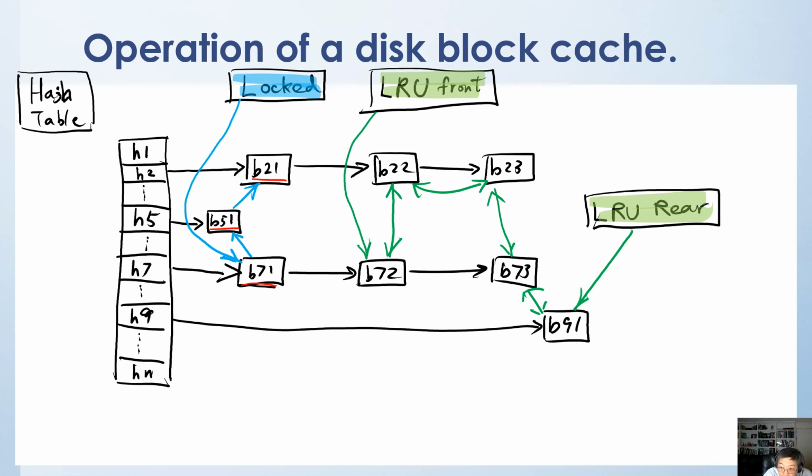So the least recently accessed block, like B72, will be evicted from the cache if the list of free buffers is empty. Whenever an additional disk block is accessed and there's no free buffer, then B72 will be evicted.